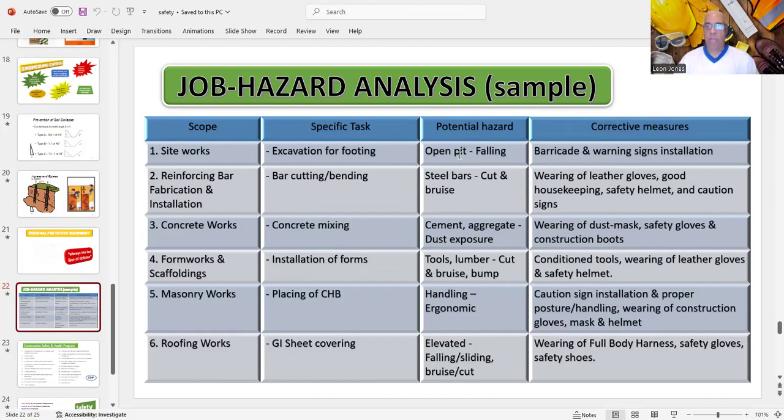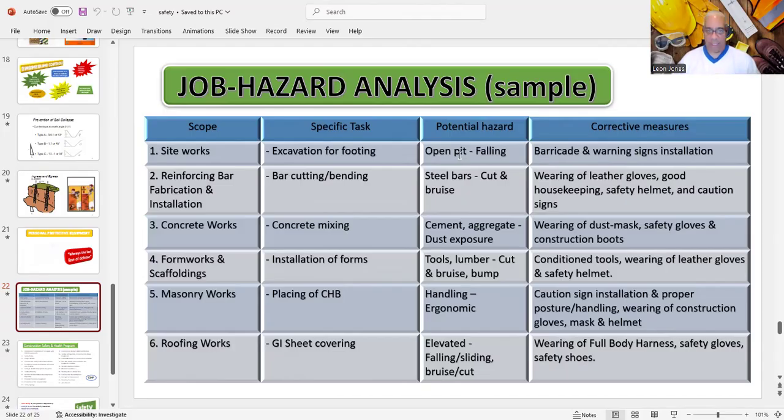You have to have good housekeeping, safety helmet, and caution signs. Concrete works. That's the scope, the task, concrete mixing. So what's the potential hazard? Cement, aggregate, and dust exposure. So the corrective measure for concrete works is wearing of a dust mask, safety gloves, and construction boots.